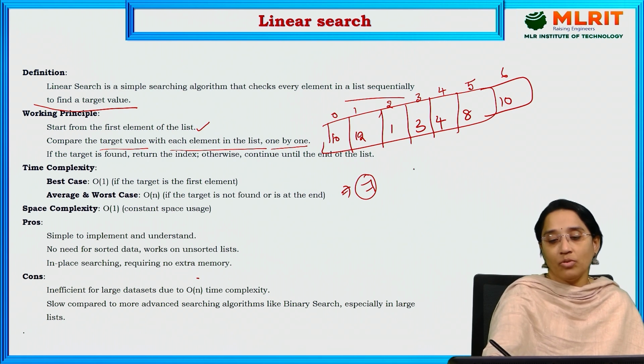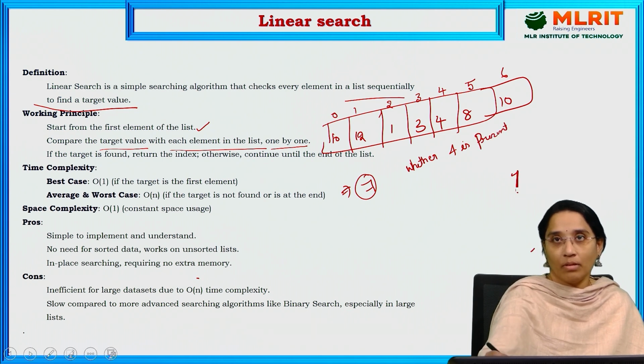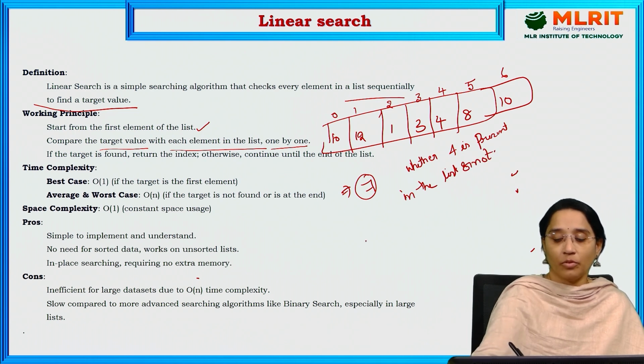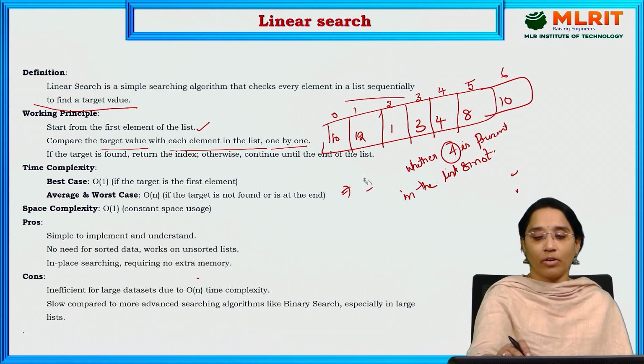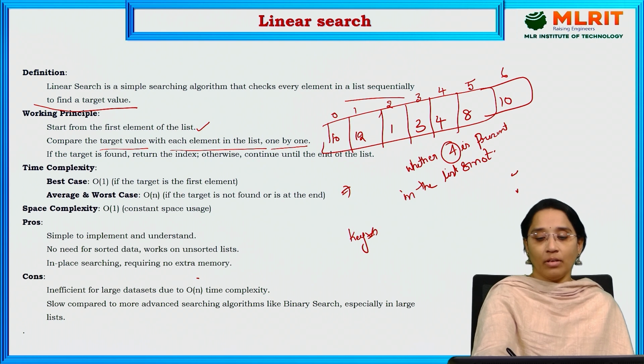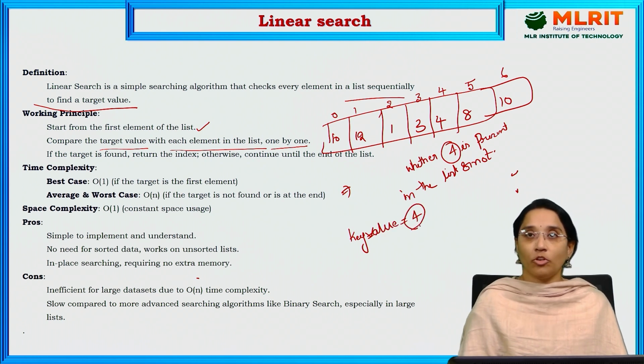Suppose I want to search whether 4 is present in the list or not. That value I'll consider as the key value. Key value is equal to 4.